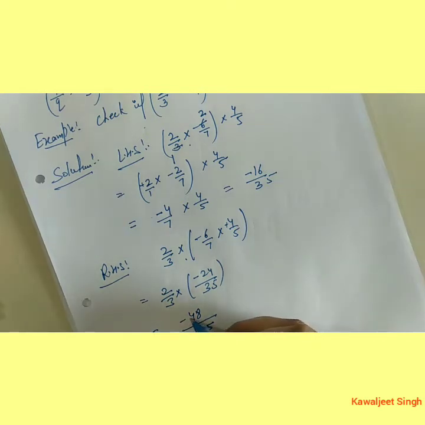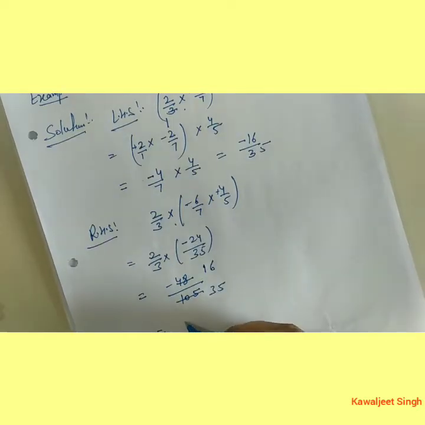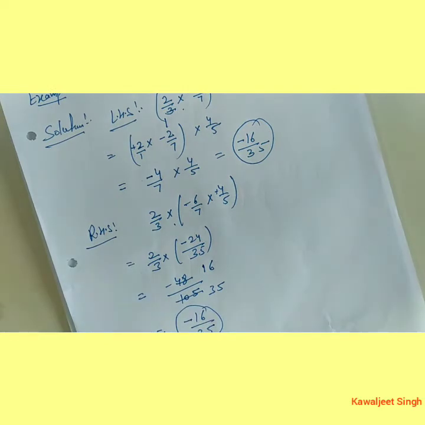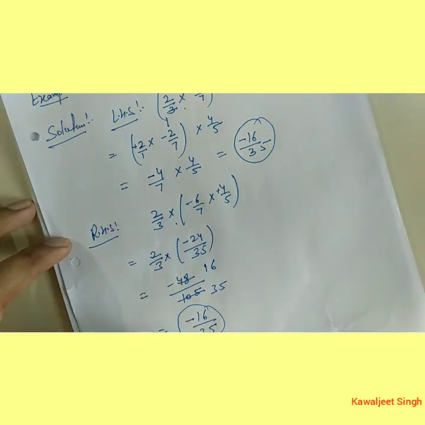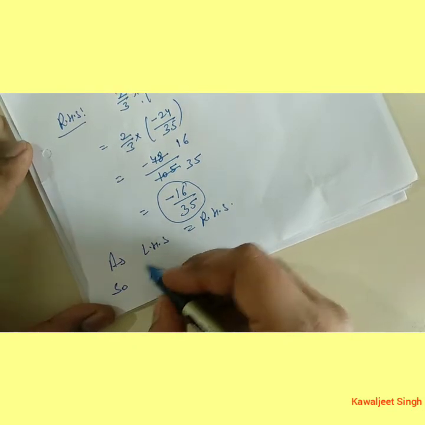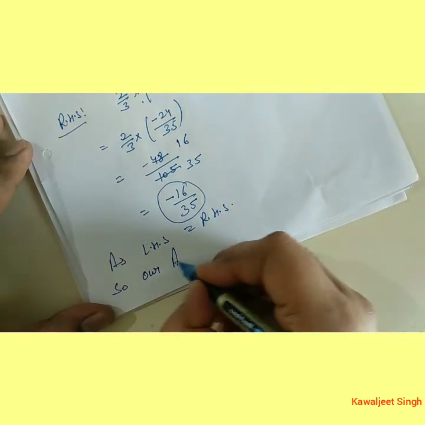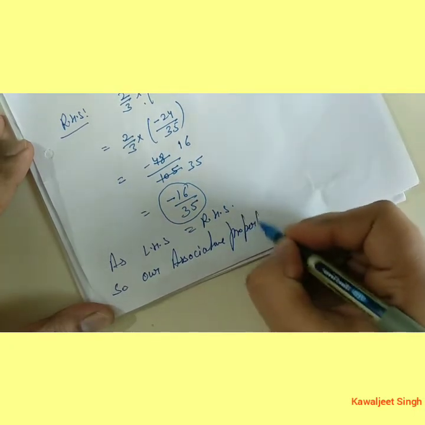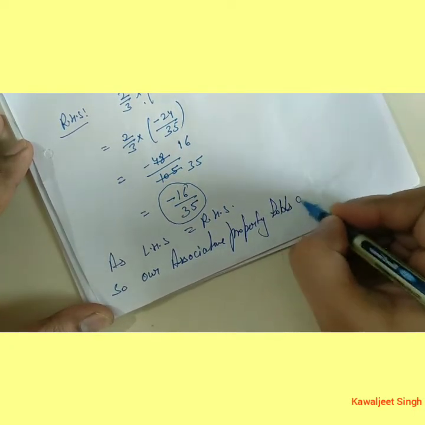So cancel it. 3 table, 3 ones are 3, 3 16s are 48, it is cutting on 105. So what remained, minus 16 by 35. Now check left hand side and right hand side, both values are equal, as left hand side is equal to right hand side. So we can say our associative property holds good.